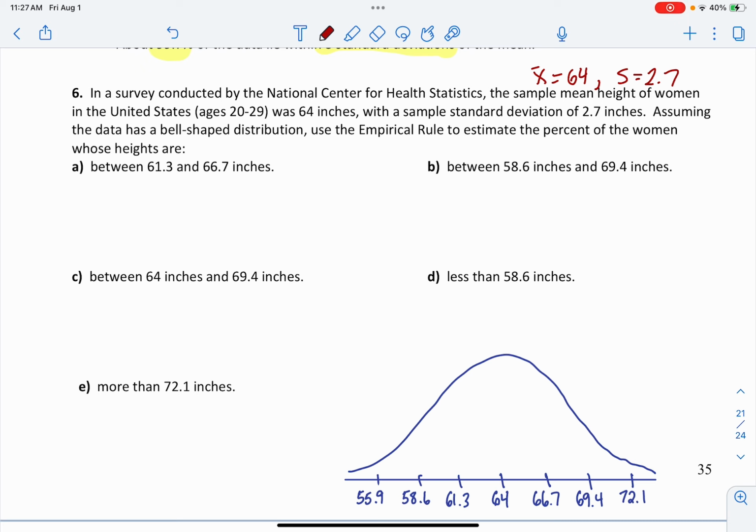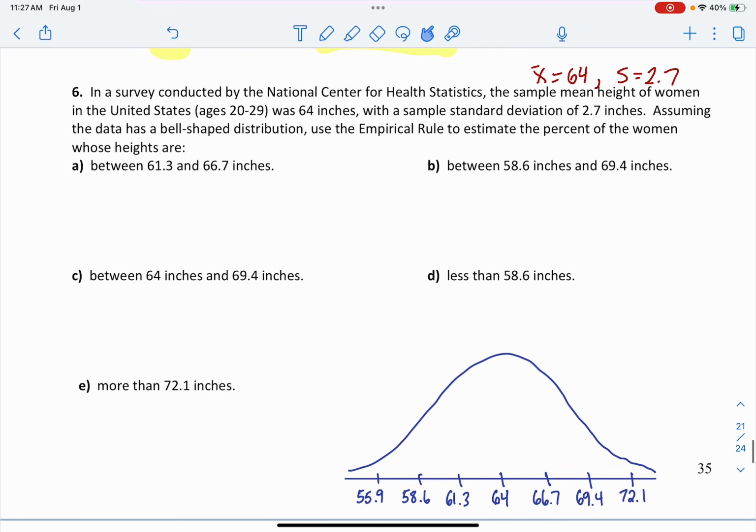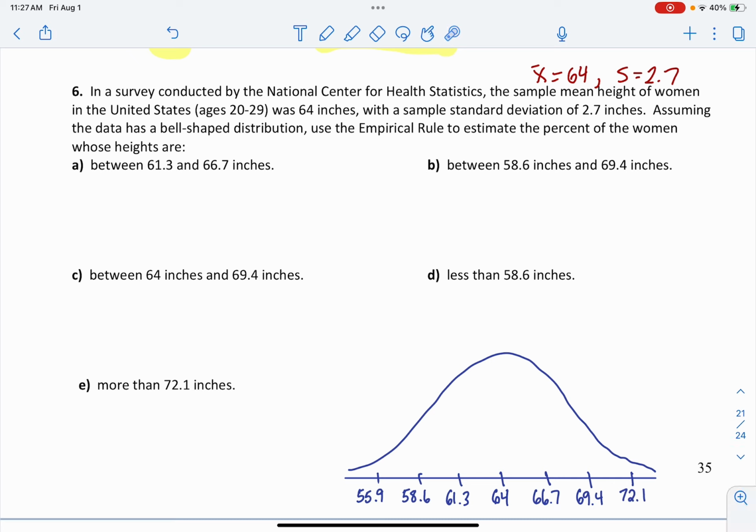A good way to tackle this is to create your own bell-shaped distribution, labeling the x-axis with the specific values given here. And that's what I've done below in advance to save some time. Notice here in the middle, I have 64. Right there, 64.